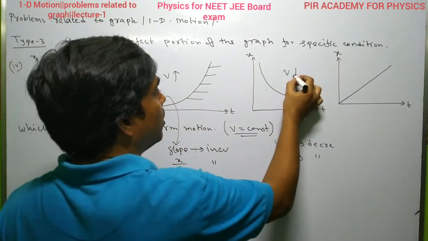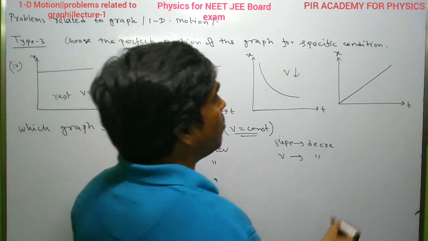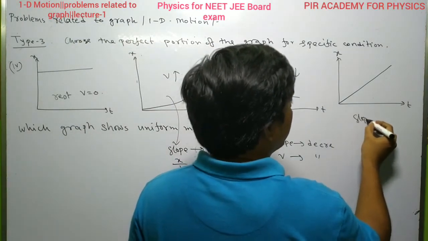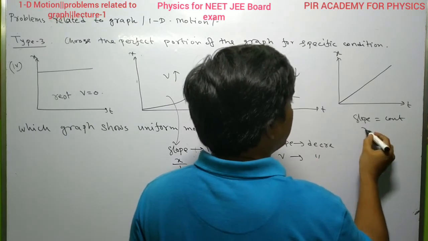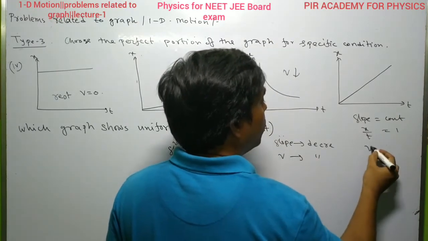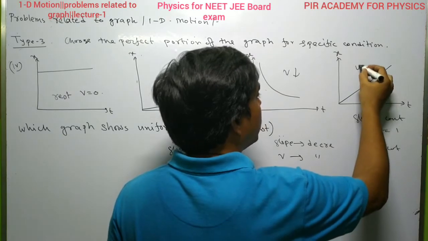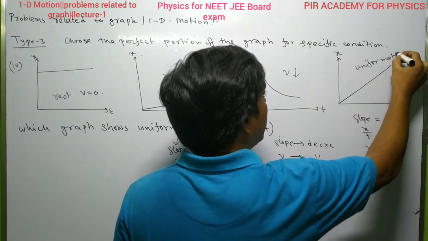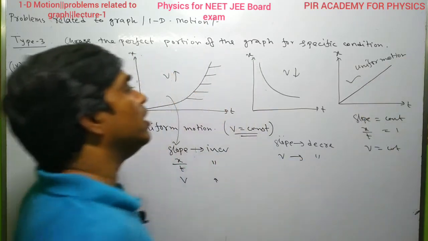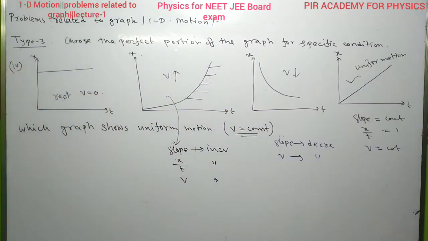Here the slope is constant, so x by t is constant. So v equals constant, so it is a uniform motion. This graph shows the uniform motion.